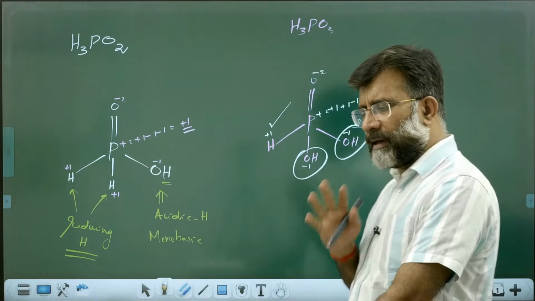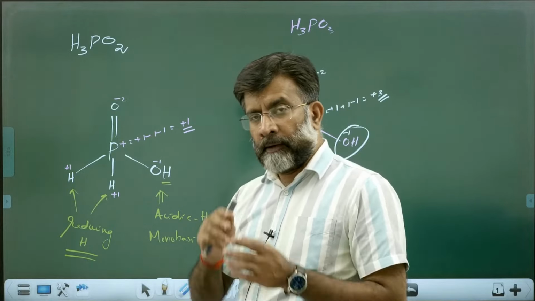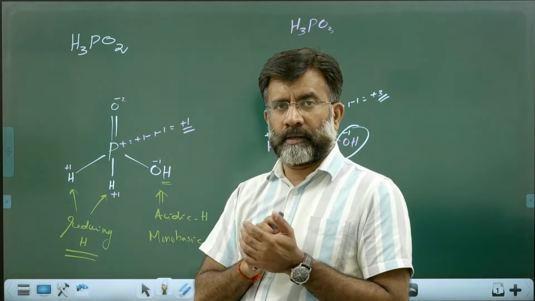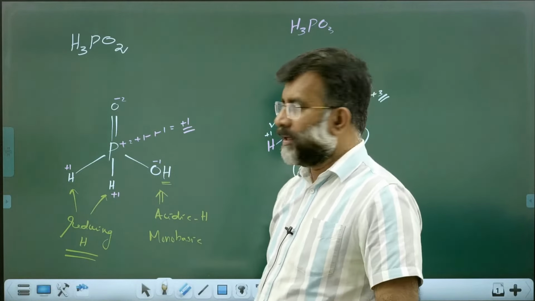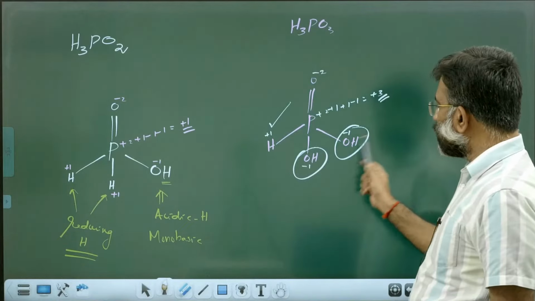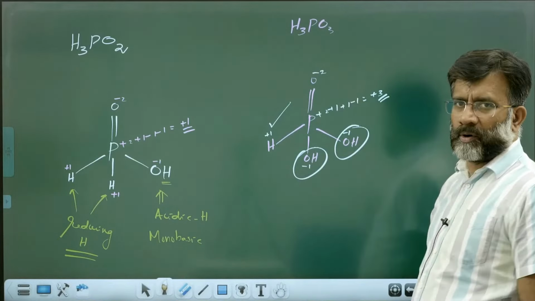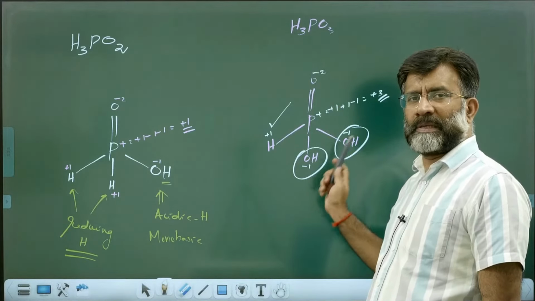Because many times, acidic character can be explained by the number of double bond oxygens versus the number of OH groups. Here, 1 OH group, 1 double bond O. Here, 2 OH groups, 1 double bond O. So the number of double bond O per OH group is less here.